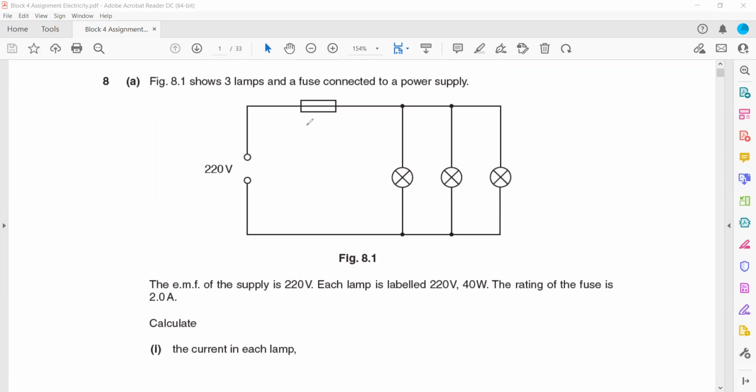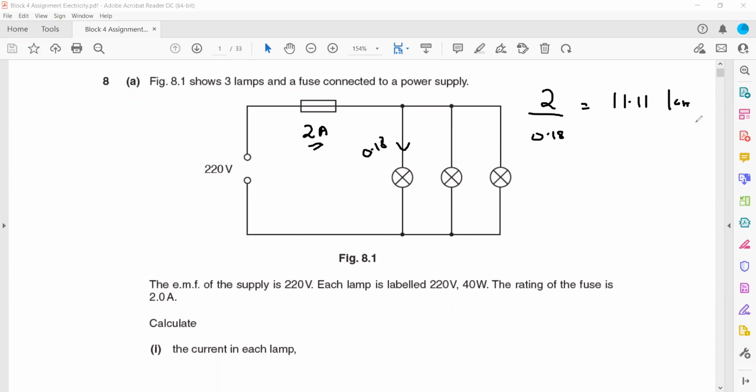The maximum current which the fuse can allow is 2, and the current in each lamp is 0.18. So the number of lamps will be 2 divided by 0.18, which gives us 11.11.